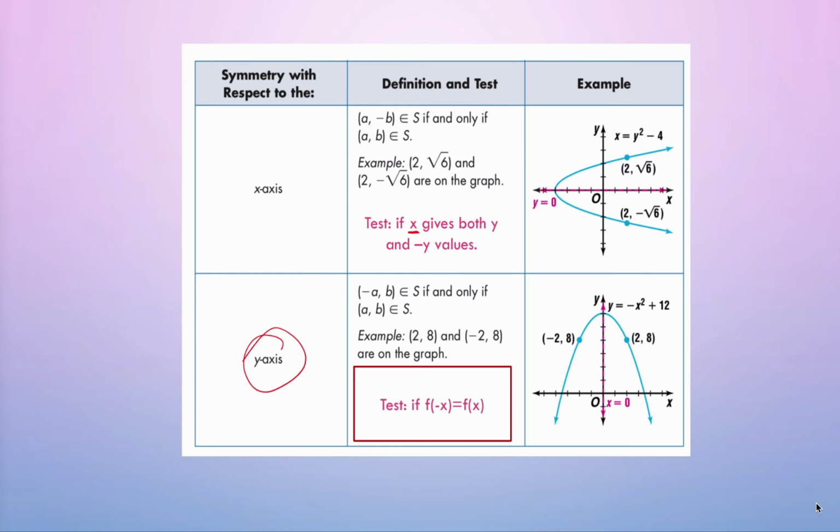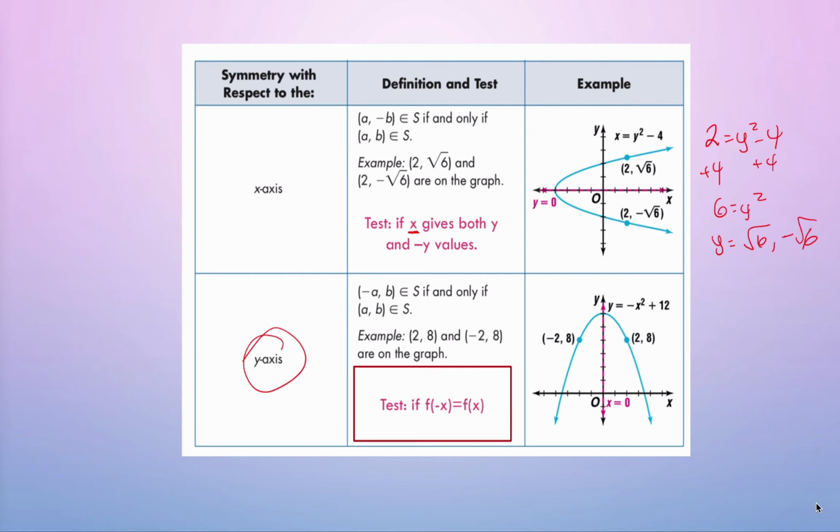If you plug in 2 for x, and we solve for y, we're going to get that y squared equals 6, which means that y could be the square root of 6 or the negative square root of 6. So we get two different y values for every x, so it's going to be symmetric with respect to the x-axis.